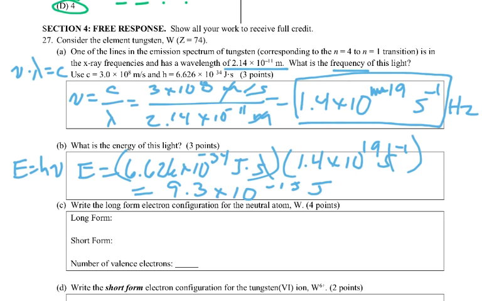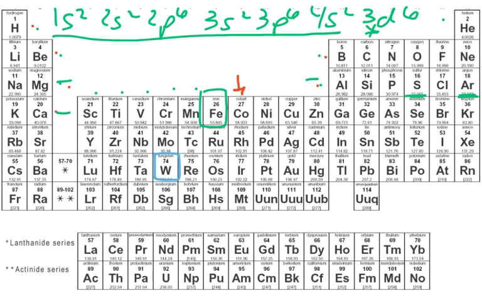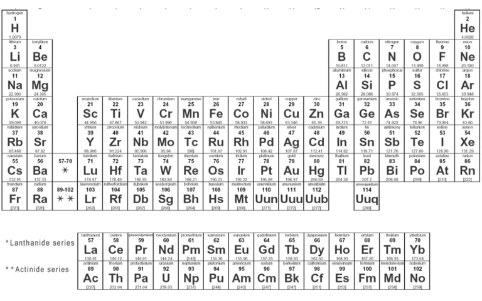Okay, for tungsten, we want our long form and our short form. Okay, well, we're going to have to go back here, and I'm going to take a second and clear off all of this ink. Okay, we want to do tungsten.